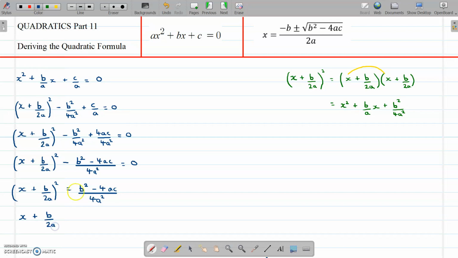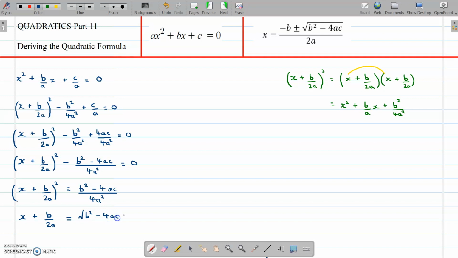Okay, that's the square rooting: the square root of a squared takes you back to just what's in the bracket. And I can take the bracket out now, but I must square root this side. I could just put a big square root sign over the whole thing, but actually what I'm going to do is square root the numerator first. So it's the square root of b squared minus 4ac.